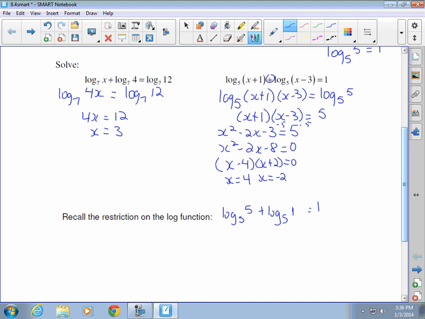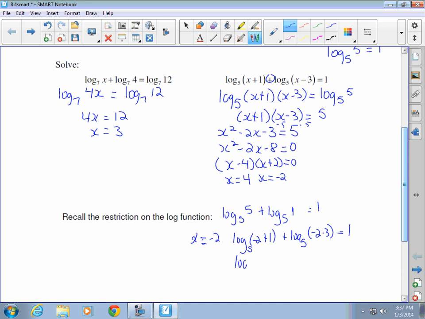If I try to substitute x equal to negative 2, I'd have log base 5 of negative 2 plus 1, plus log base 5 of negative 2 minus 3 equals 1.